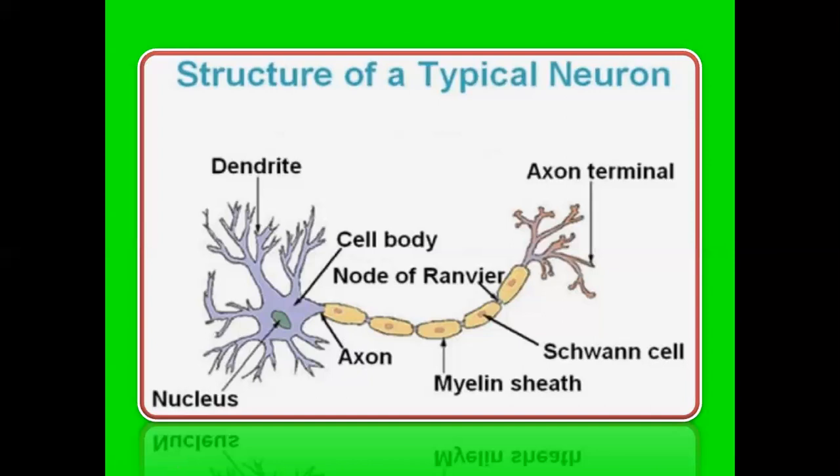Now, what is the function of the dendrite? Dendrites conduct impulses, meaning messages, towards the cell body. And the axon, you can see here, conducts impulses away from the cell body. This is the function of the dendrite and axon.